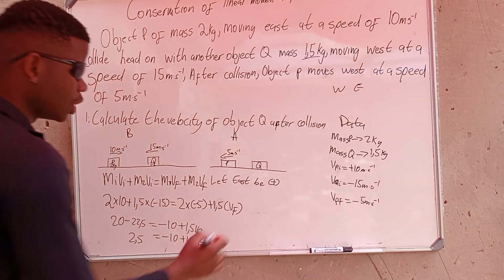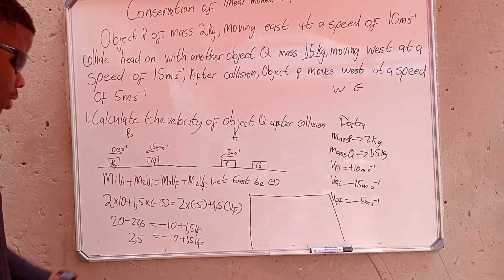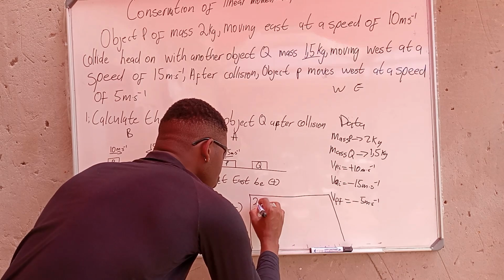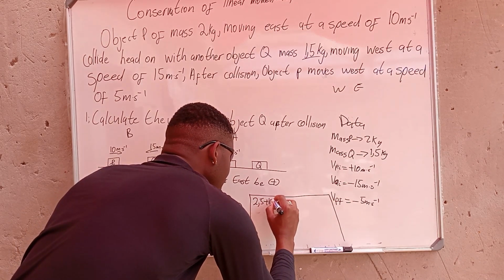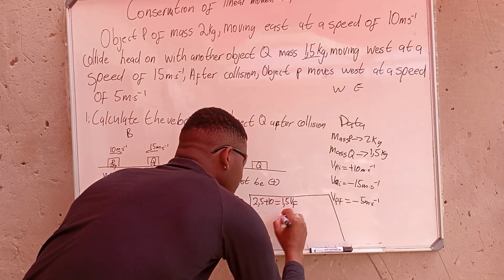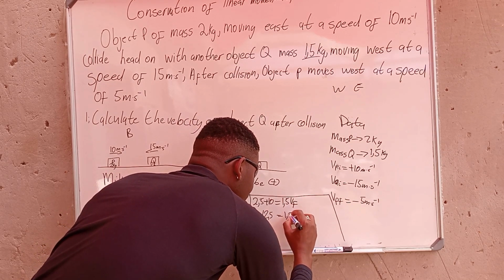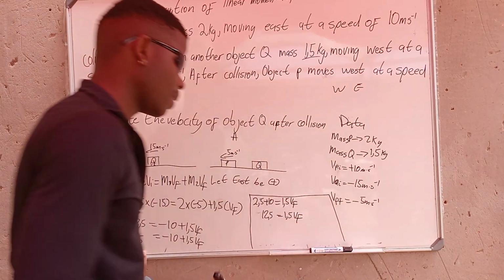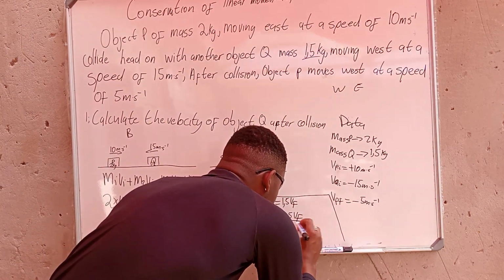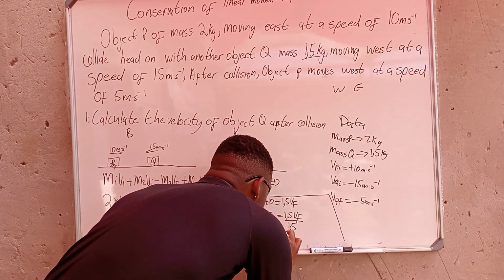Let me continue my calculation. We transpose the 10 to our left-hand side, and we have negative 2,5 plus 10 is equal to 1,5 VF. That gives us 7,5 equals 1,5 VF. Then we divide by 1,5 to find our VF.